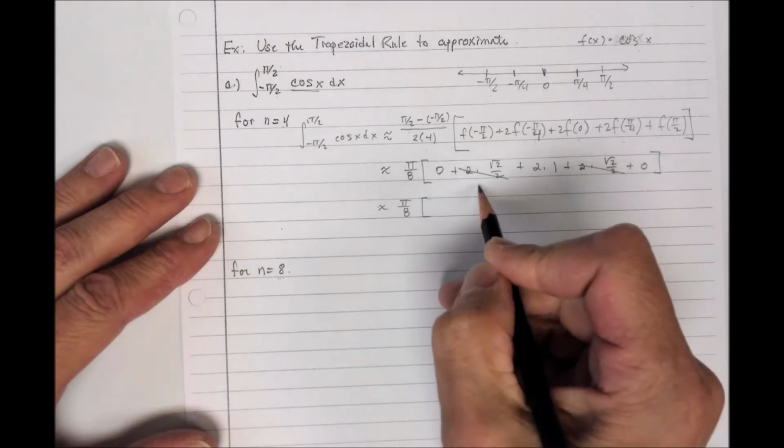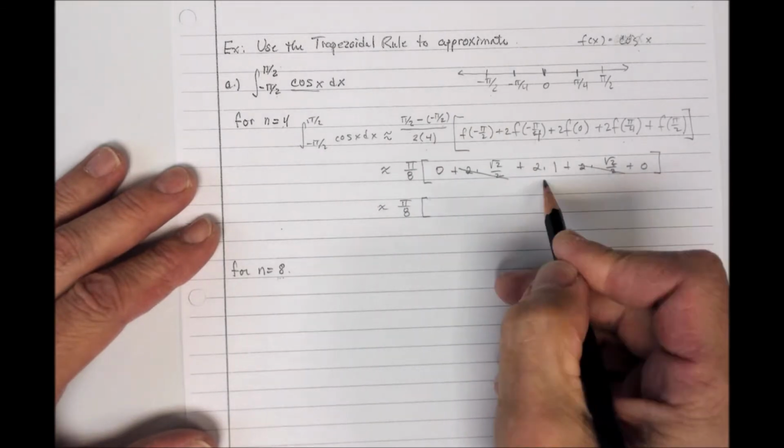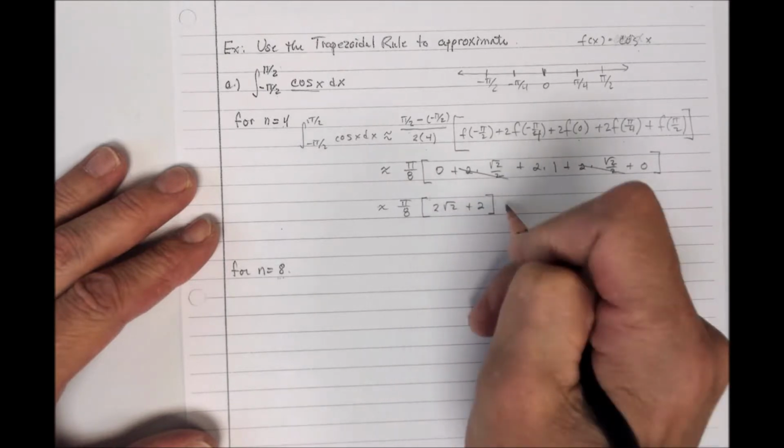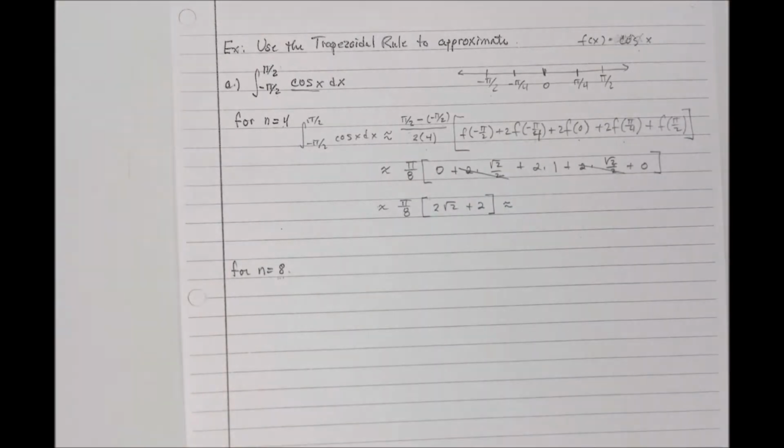What's that going to be? So I have square root 2, and a 2. So I have 2 square roots of 2 plus 2. Now, let me get Mr. Calculator out, and let's see exactly, or not exactly, but let's see what this is close to.